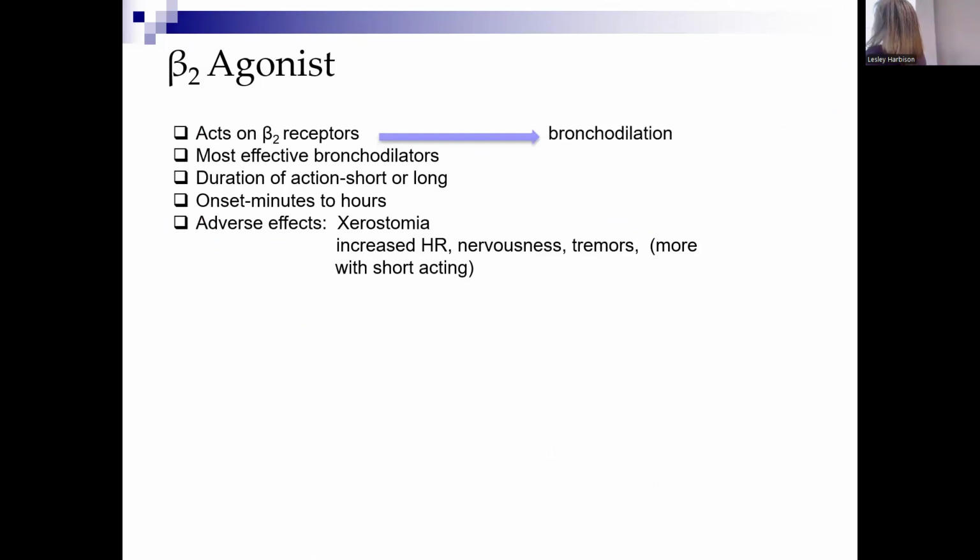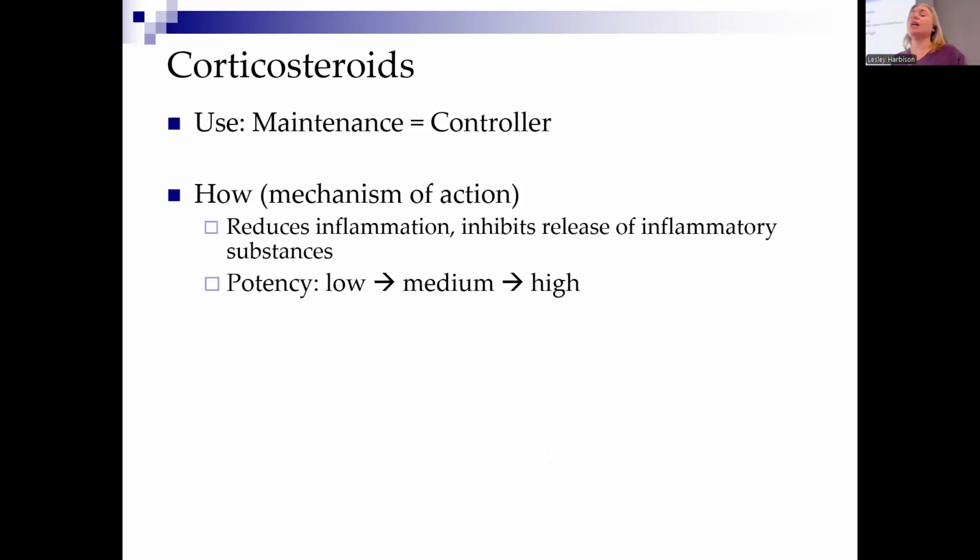Okay, beta receptors get us to bronchodilation, opens things up. That's what we want. Most effective bronchodilators, duration short and long acting, just like we saw on the slide. Onset is minutes for the rescue inhaler, but might take a little bit longer for the long acting. Adverse effects: xerostomia, increased heart rate, nervousness. We already kind of covered that on the other slide.